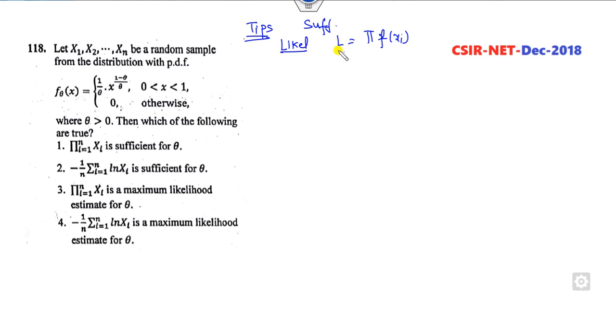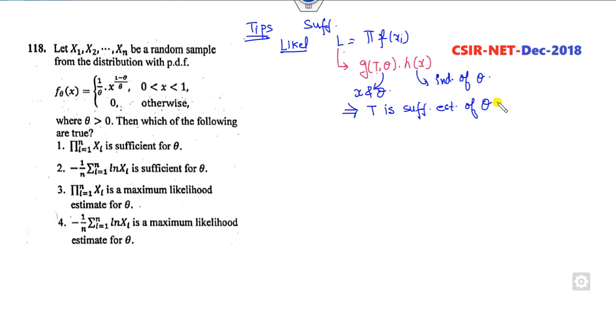And if you are able to write this f as the product of two functions, one of which is independent of theta, and the other is a function of x and theta both, then this capital T, which is a function of x, is called the sufficient estimator of theta. Fine. If you define L as the product of f of xi, what is that?